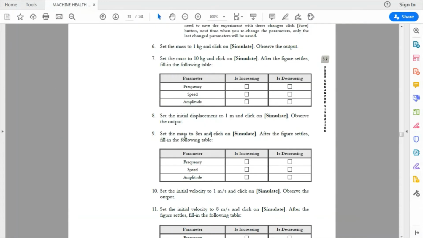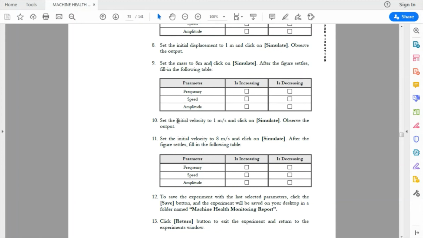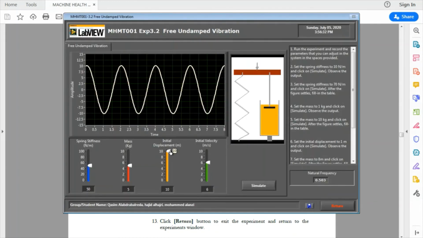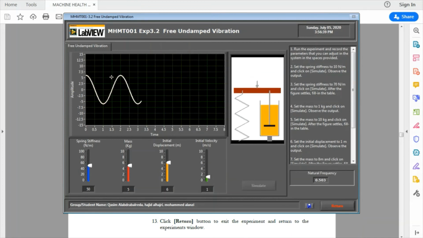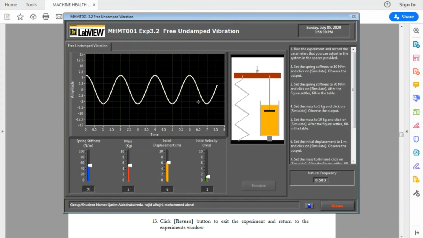We are done with that. What about the velocity? Initial velocity from 1 to 8. So for initial velocity, let's keep the nominal values and change the velocity to 1 and simulate. 1, 2, 3, 4, 5 peaks, at almost 6 or 5.7 something.